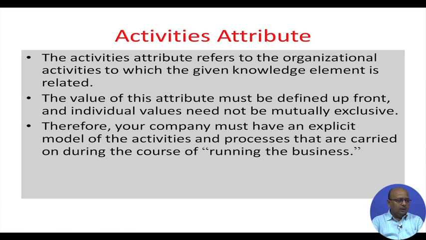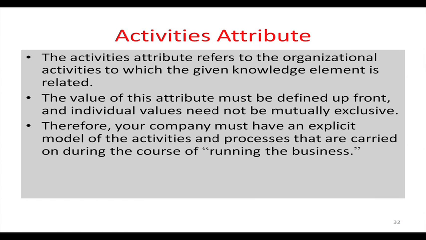Okay. And the values of these attributes must be defined upfront. Individual values need to be mutually exclusive. We make sure that it is not inclusive. It means two attributes are significantly different from each other, exclusive, not inclusive, right. So, you have a very explicit model of activities and processes which is done as a part of the business, and each activity must be exclusive in the sense that it should not overlap with other activities.